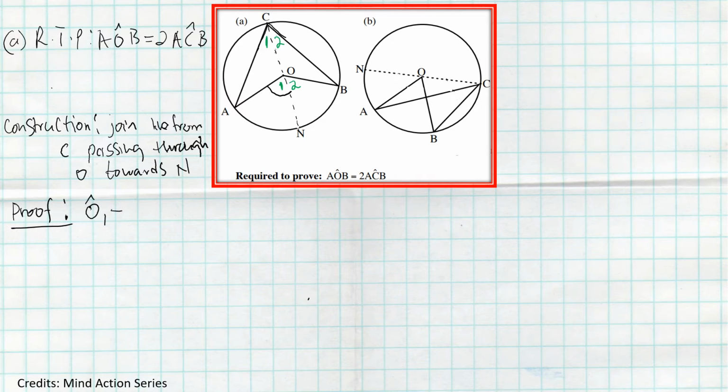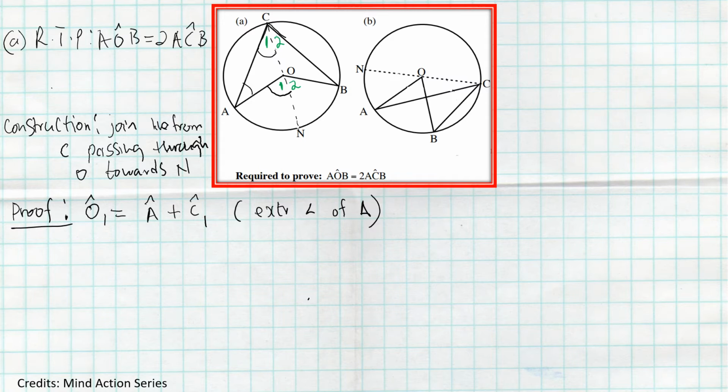That the exterior angle of a triangle is equal to the sum of the 2 opposite interior angles, right? So it will be equal to angle A plus angle what? Plus angle C1. Can you see? The exterior angle of a triangle is equal to the sum of the 2 opposite interior angles in a triangle. And our reason is simply exterior angle of what? Of a triangle, right?